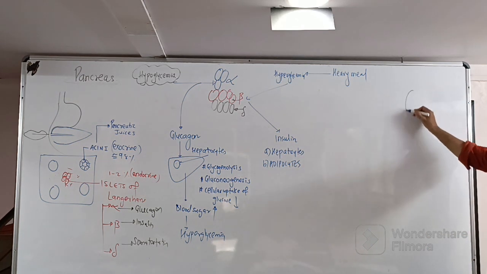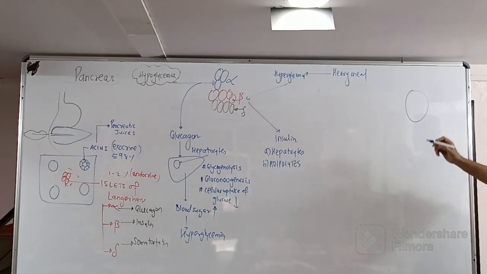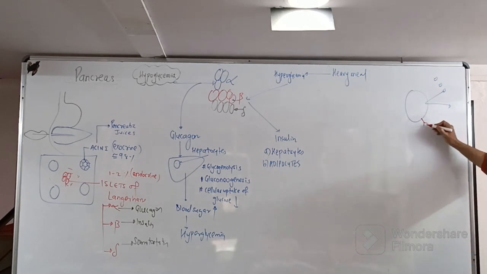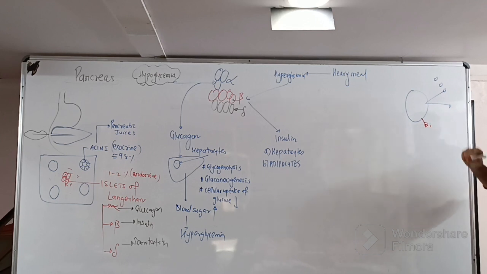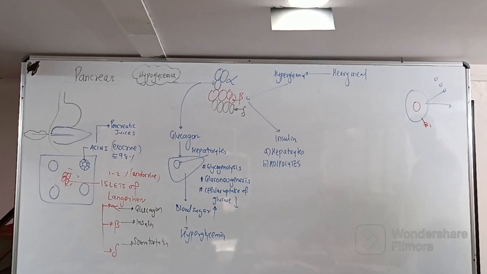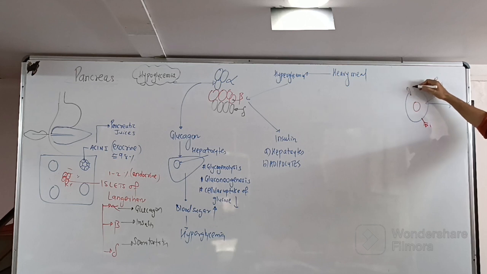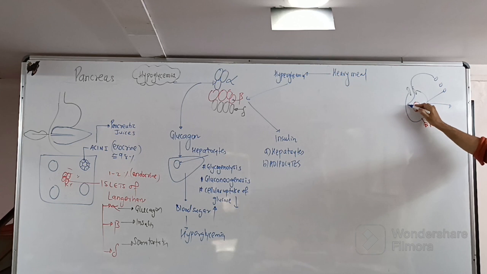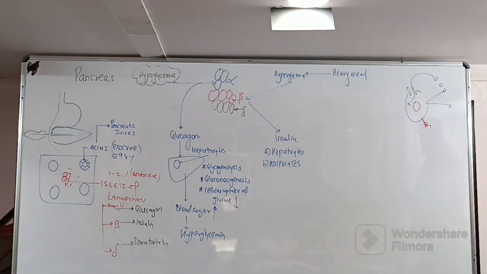Look here: this is the cell and this is glucose. The glucose cannot enter inside the cell. On the cell membrane, there are insulin receptors. As soon as insulin binds to the insulin receptors, the nucleus brings about the synthesis of proteins called glucose transporters. As a result, the glucose will now enter inside the cells and get utilized.